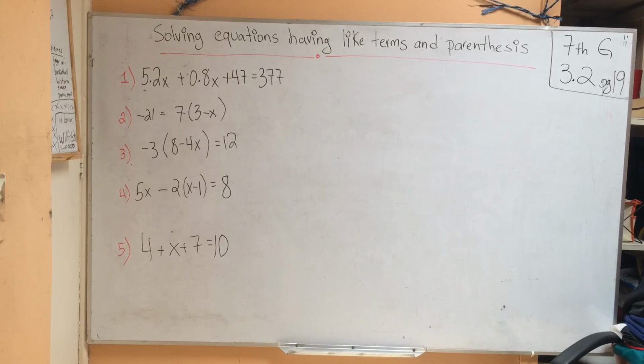Number 1 says 5.2x plus 0.8x plus 47 equals 377. Here, first we need to group and add the numbers that are similar, and then we start solving.